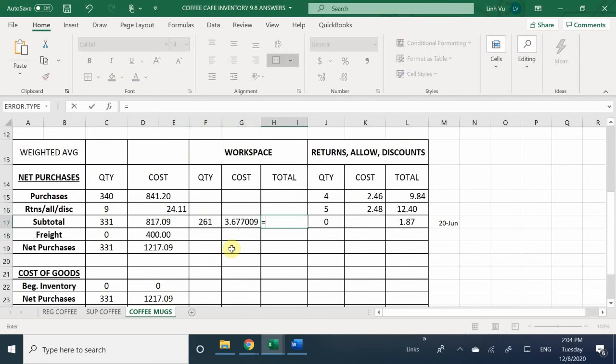So here, this is my formula. We're going to multiply the two, but I want to make sure I round them off, so equal round. I'm going to place my formula in here, which is multiply the two together. The second argument is how many digits you want. I want 2. So what is my total amount that I actually sold?